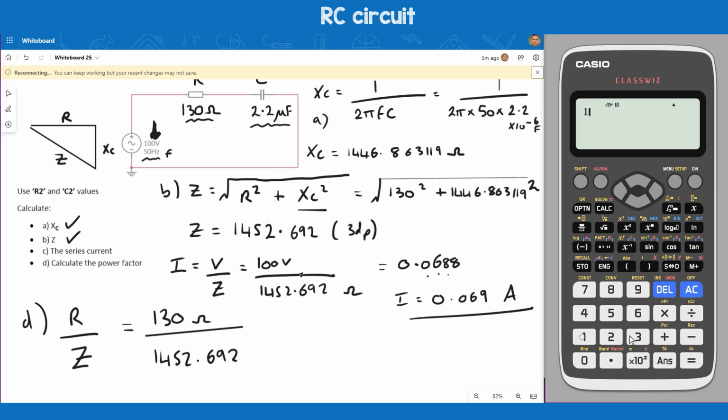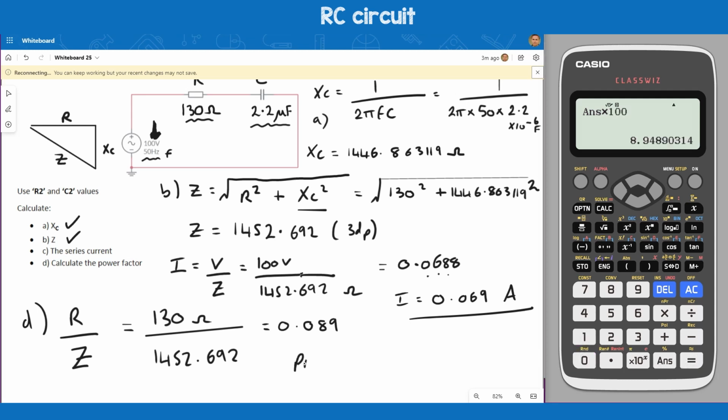So I'll do 130 divided by 1452.692. So the power factor is 0.089. And if you want that as a percentage, we can multiply that by 100.